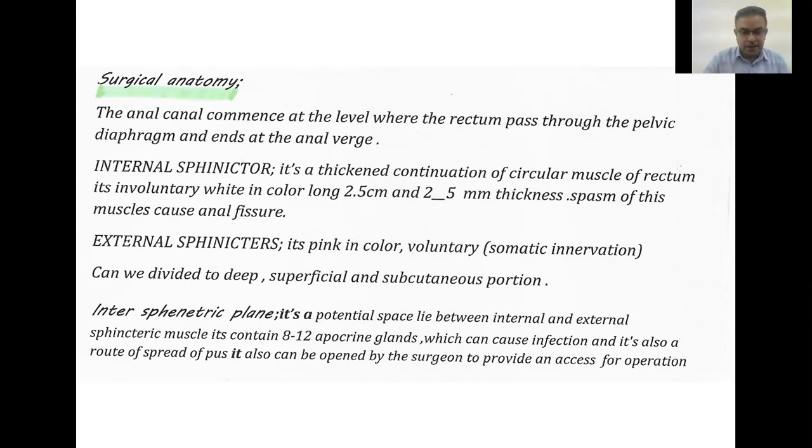It contains 8 to 12 apocrine glands, which can cause infection, and it is also a route of spread of pus. It can also be opened by the surgeon to provide access for operation.